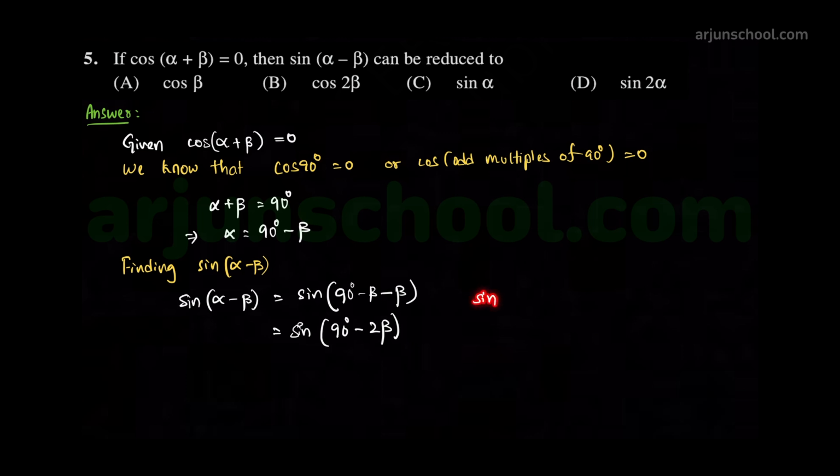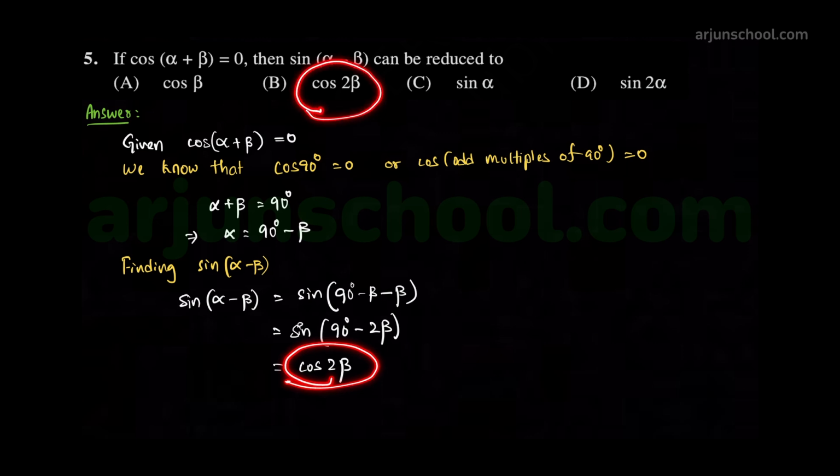We know that sin of 90 degrees minus x is equal to cos x. Here x is 2 beta. Therefore, sin of 90 degrees minus 2 beta is equal to cos 2 beta, which is option B.